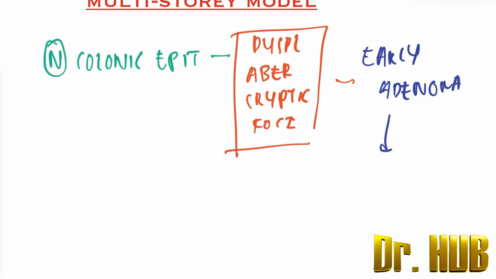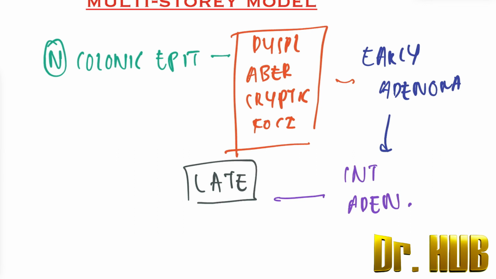Beyond the early adenoma comes the intermediate adenoma, and after the intermediate adenoma the next stage is the late adenoma. After this comes the carcinoma, and finally the metastasis.